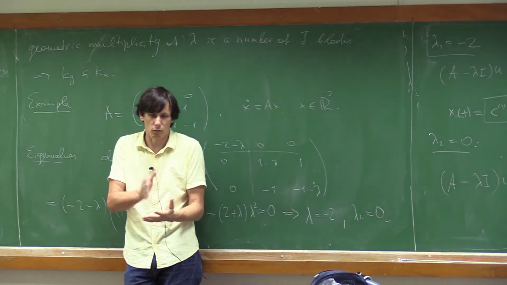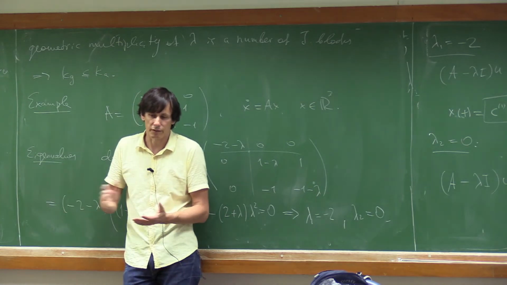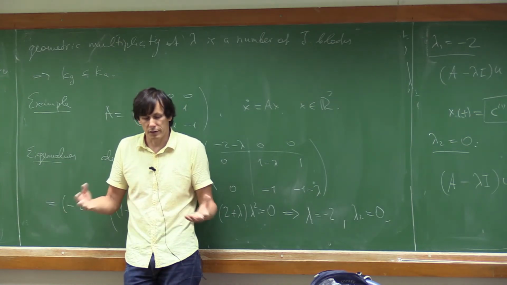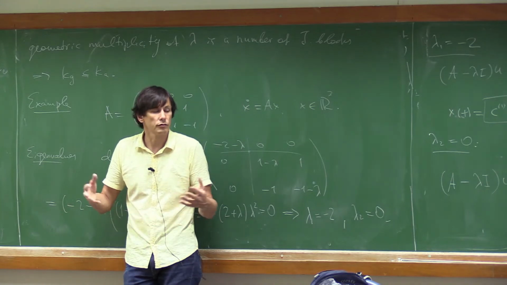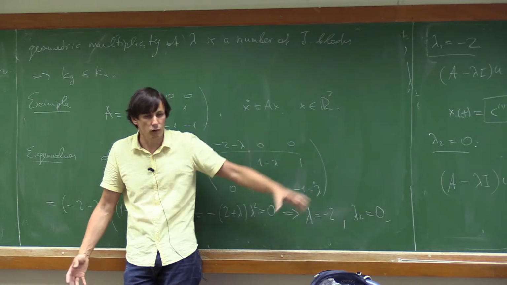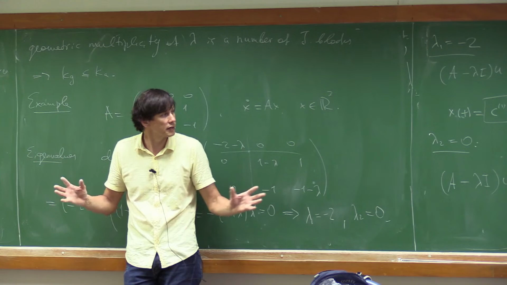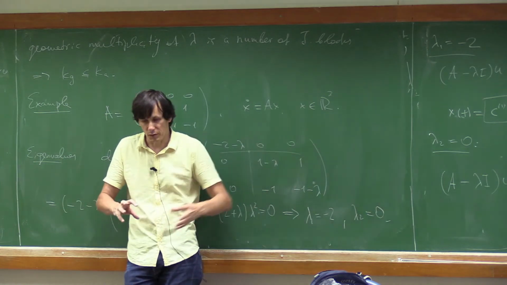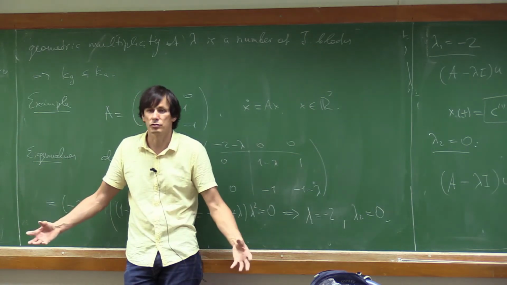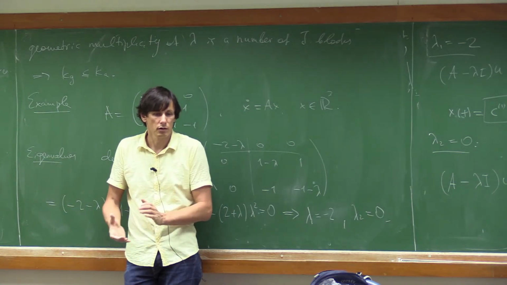You just have a sum of these solutions, eigenvector times exponent eigenvalue t. But if there are multiple eigenvalues, in a very general form, you should find the Jordan canonical form, which gives you generalized eigenvectors. From generalized eigenvectors, you cook up these special solutions. Their sum is a general solution. So that's how you proceed generally.